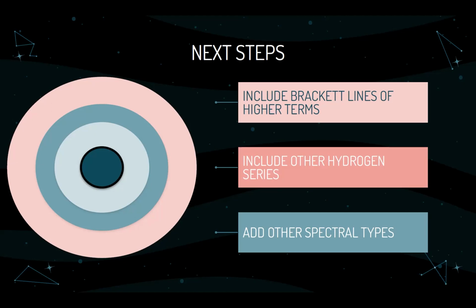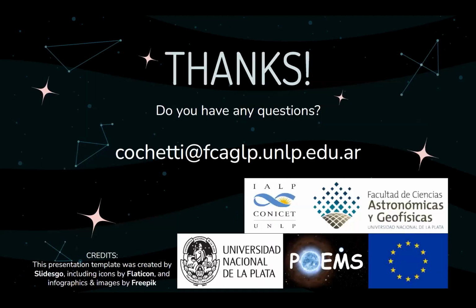And we want, of course, to add other spectral types, so we can start to overplot all our spectra with other spectral types, and try to see if we can obtain some information about the density structure of our disk. So that's all.